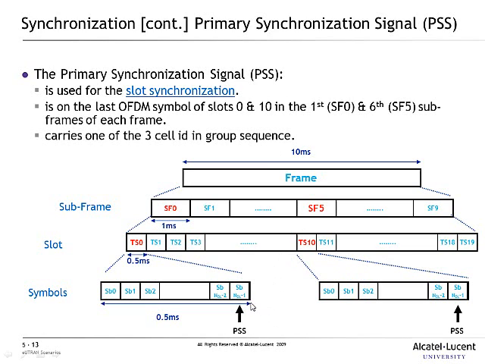Okay, so this is the position. Remember, within each slot, if you're using, for example, normal CP, how many symbols will you have? 7, so it will be on the 7th one. Okay, are you guys okay with that?